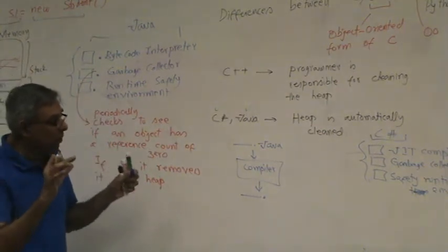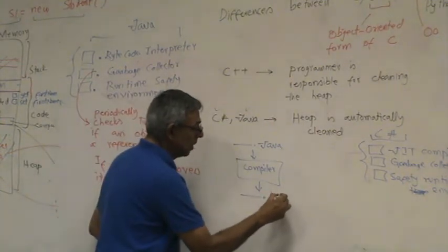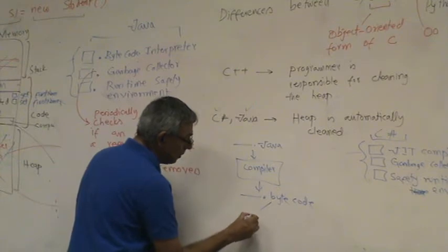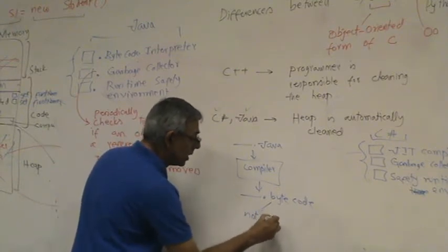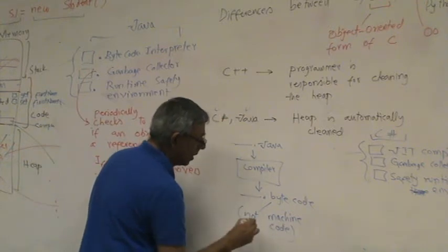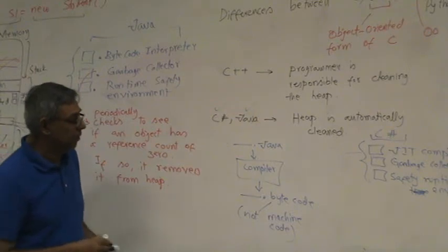Machine code, normally. But in case of Java, it produces what is called bytecode. Okay, so this bytecode, let me make a note, is not machine code. Okay, so it is some binary code, but it is not machine code.